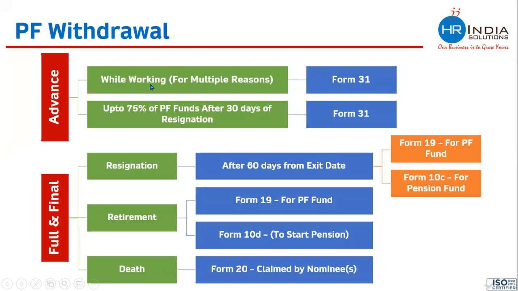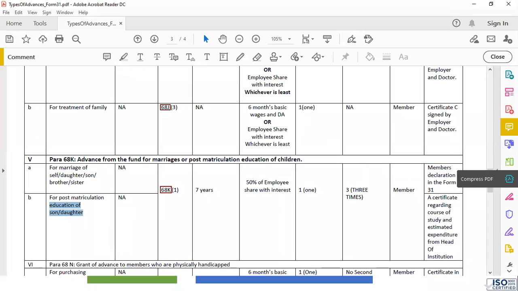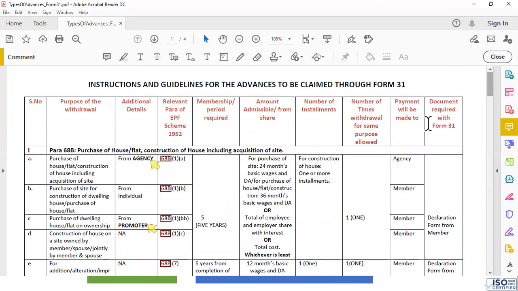And advance, as we have seen, can be taken while working for multiple reasons. Let me share what the reasons are on the basis of which an employee can apply for PF advance while working. While working, you can apply for advance from Provident Fund on these many grounds. Let's have a look one by one. Para 68B.